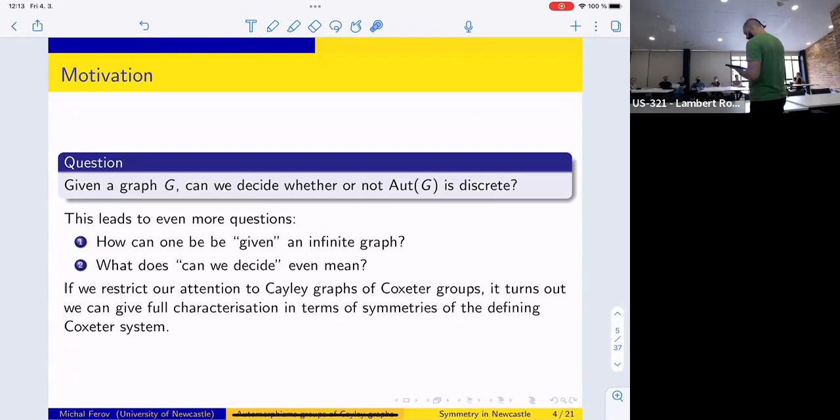In this case, we can fully characterize those that actually have some interesting topology connected to them in terms of symmetries of the defining Coxeter system. So, I will now explain what all these things mean, and hopefully we'll get to the end of it.